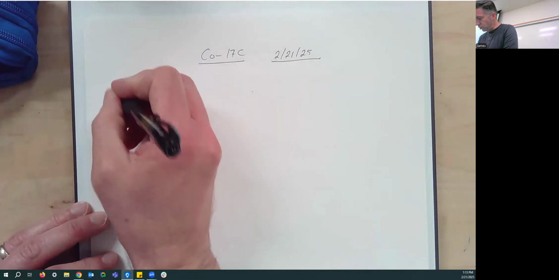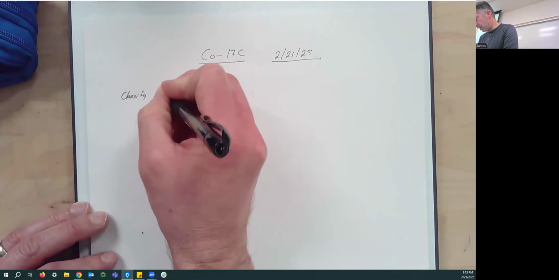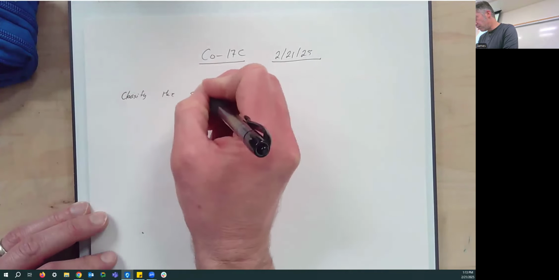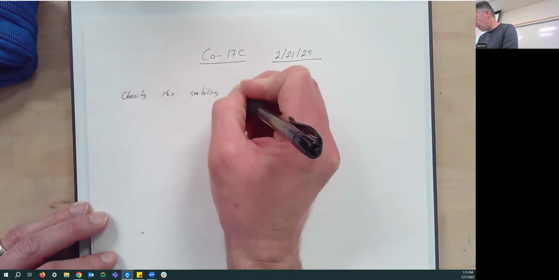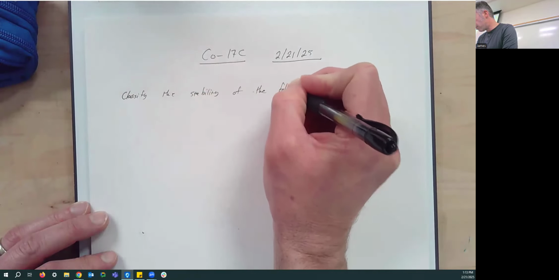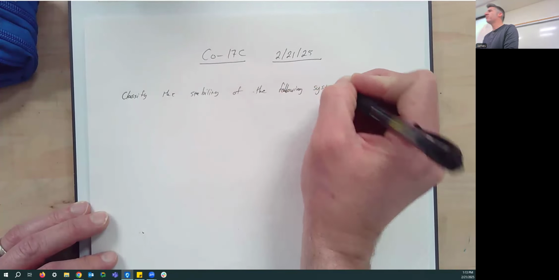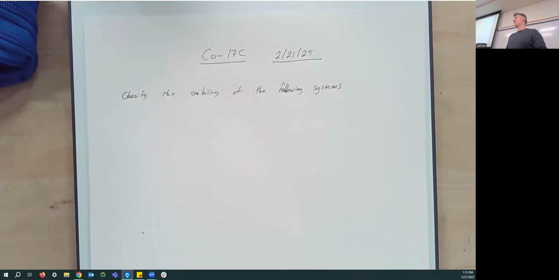So we want to classify the stability of the following systems, where basically if someone gives you a 2 by 2 matrix, you're supposed to be like, okay, that's a system where the first row is dx/dt equals whatever times x plus whatever times y. The second row is dy/dt equals whatever times x plus whatever times y.